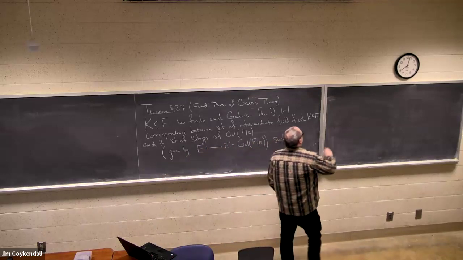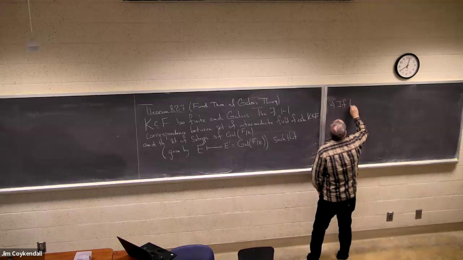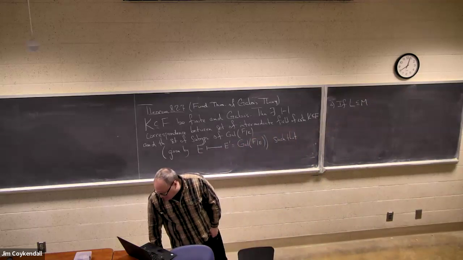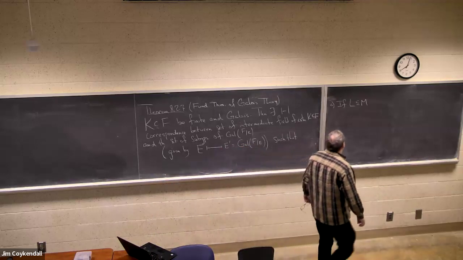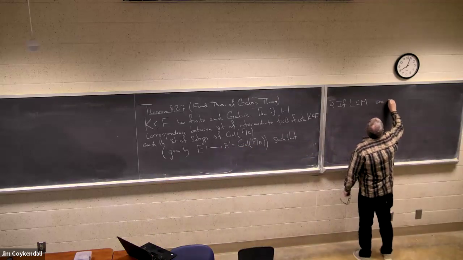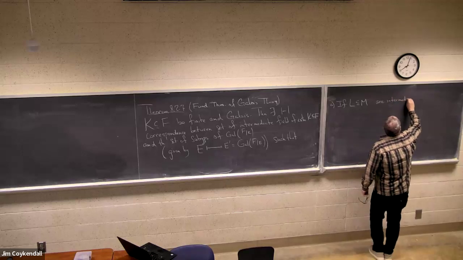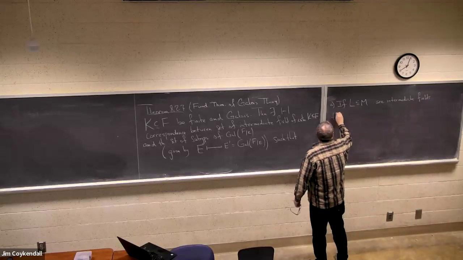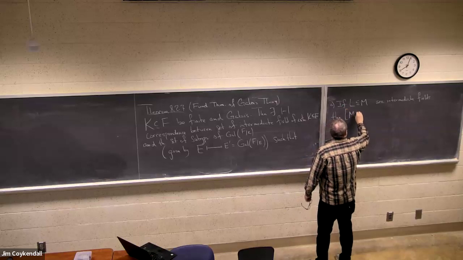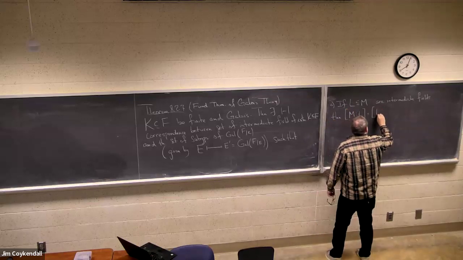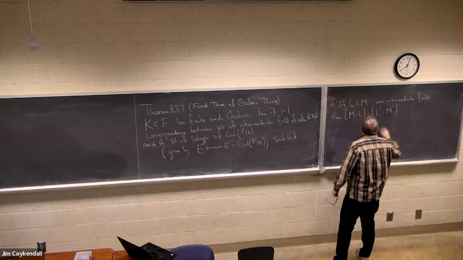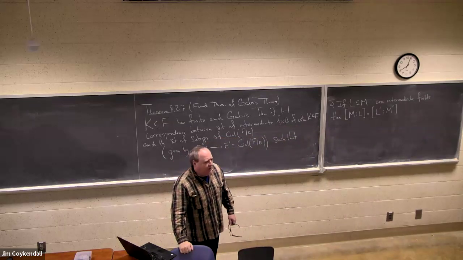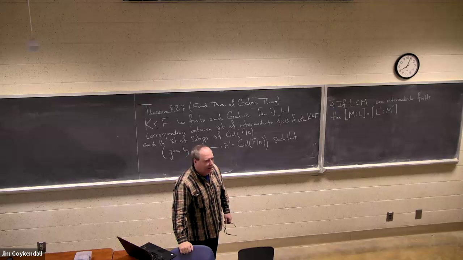A: if you have two intermediate fields L and M, then the degree of the extension of M over L is equal to the index of M prime inside of L prime.